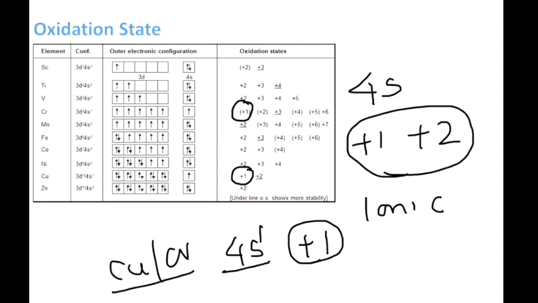Except copper and chromium, other elements can show +2 states due to 4s2 configuration. So they have 2 electrons in the 4s orbitals and they can lose 2 electrons to form dipositive ions and they show +2 states.